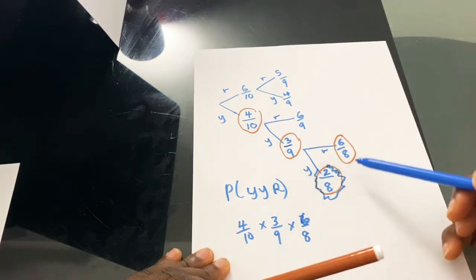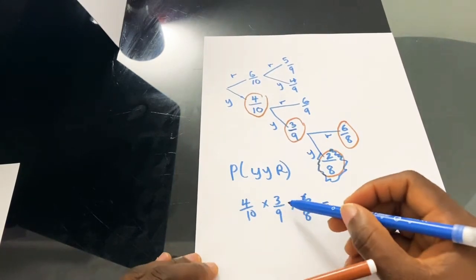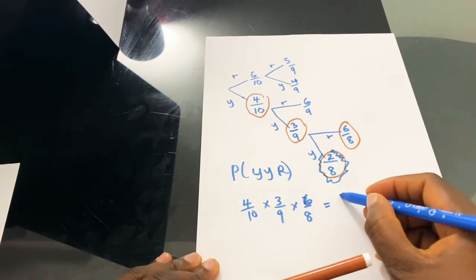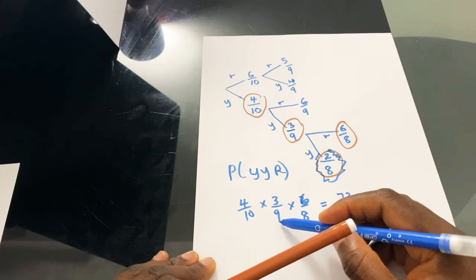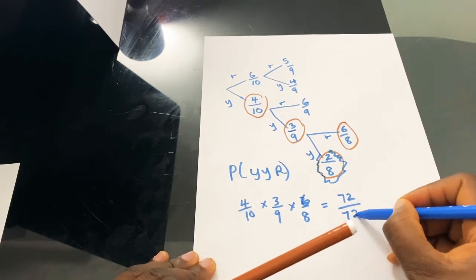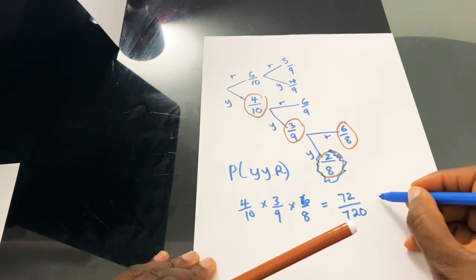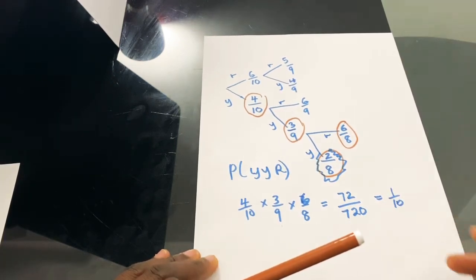Okay, so 4 times 3 is 12, 12 times 6 is 72, 10 times 9 is 90, 90 times 8 is 720. So this looks like 1 out of 10.